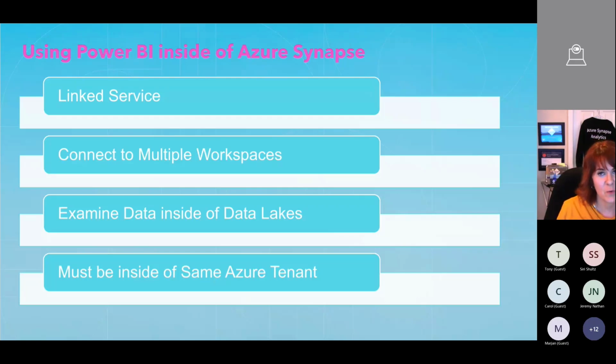You can connect to multiple workspaces. Whatever you have in the workspace is available inside of Synapse, and you can use it to examine data inside of data lakes. The only trick here is it has to be inside the same Azure tenant. So you can't have a Power BI in one tenant and your Azure Synapse in another tenant.